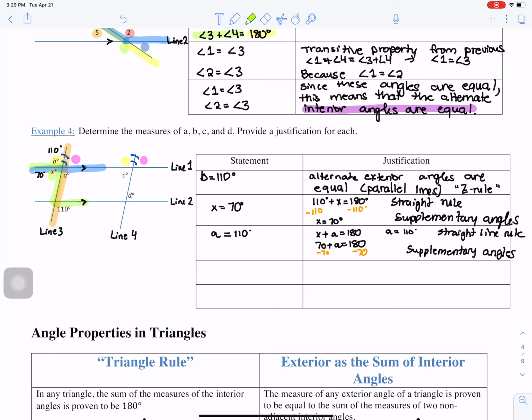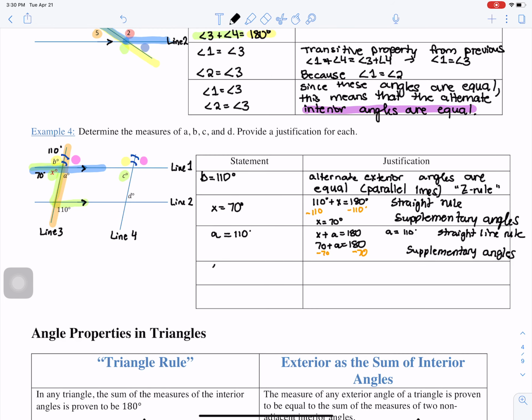The bottom left and the bottom left, so X has to equal C. So I'm going to say X equals C. So C has to equal 70 degrees. And we're going to label that with corresponding angles. Corresponding angles on parallel lines are equal.